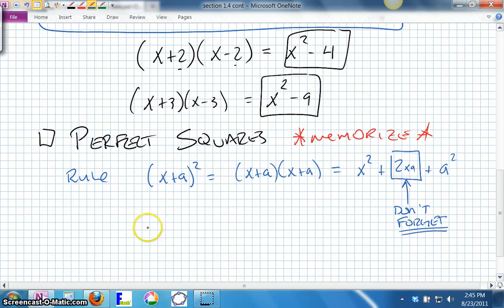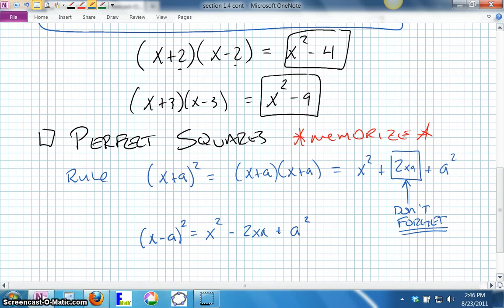And the same thing is for x minus a all squared. It would be x squared in the front, a squared in the back, 2xa in the middle. The only difference is a minus sign in the front.